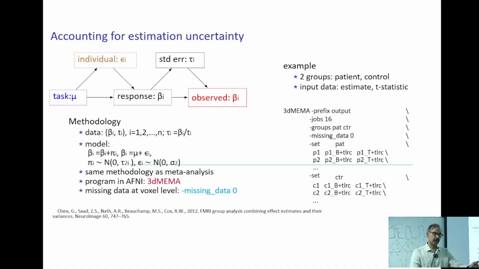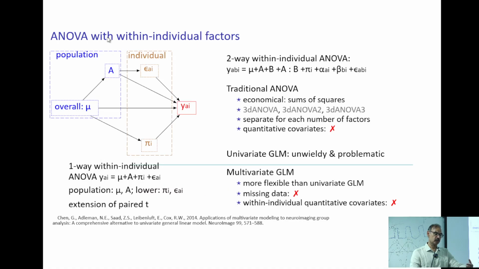So this is where ANOVA becomes useful, where you have, as Rahul mentioned, typically more than three groups or three conditions, right? In that case, you cannot do pairwise comparisons, you will have too many, and even then you are losing power.